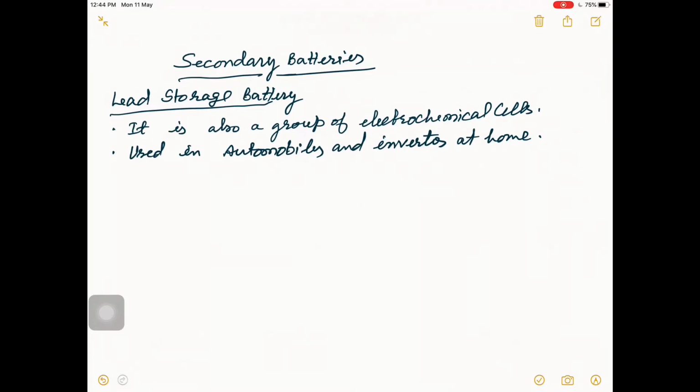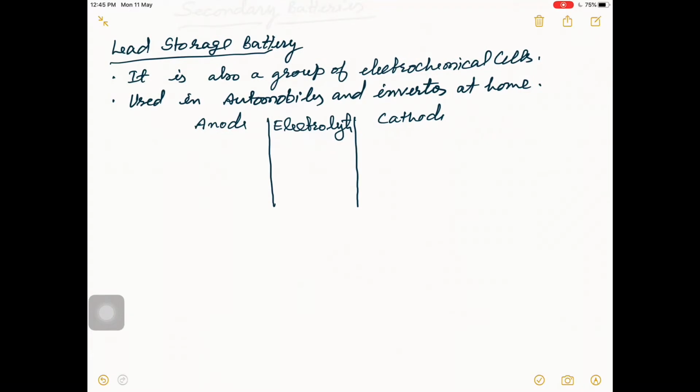So there will be an anode and cathode, and there will also be an electrolyte. The electrolyte is a 38% concentrated sulfuric acid solution.